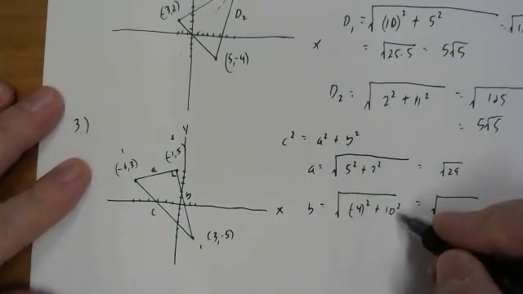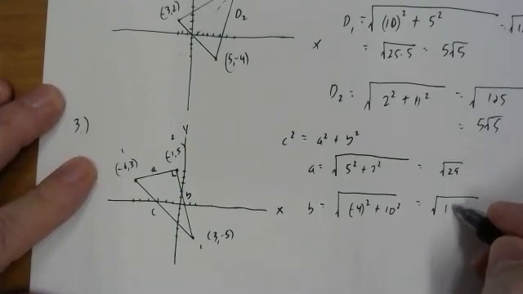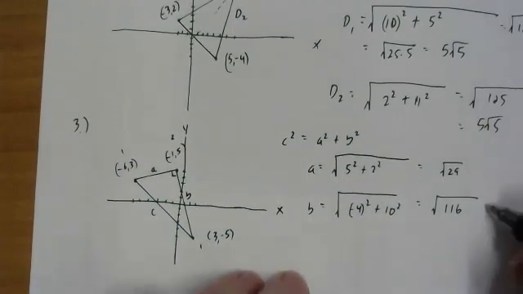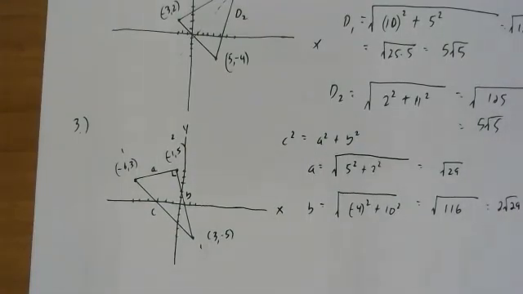So that's 16 plus 100. Does this reduce? I think 4 goes into it 29 times. I think it's 2 square root of 29.